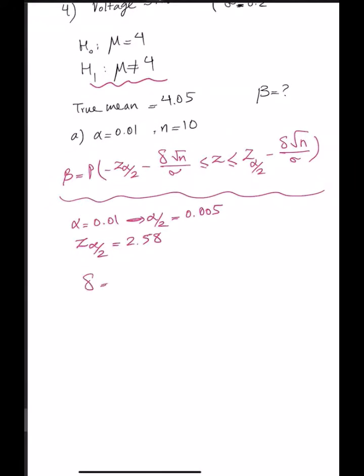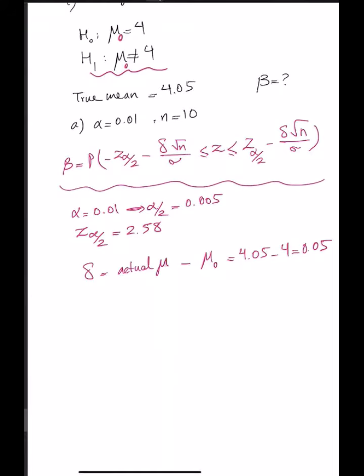And delta is the actual mu minus the mu that we have seen in the null hypothesis. So I'm going to call this mu null. That's going to be 4.05 minus 4. We know that the sample size n equals 10 and sigma equals 0.2.